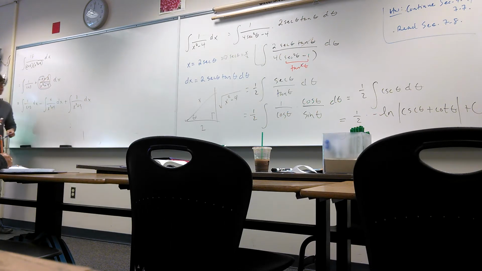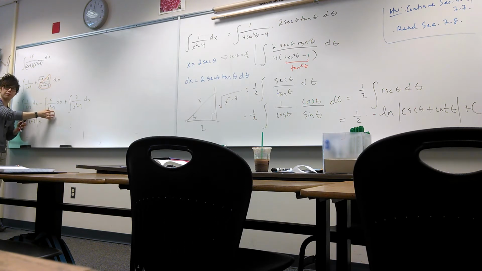Is that okay? Now, the first 2 I think are okay. At least the first one, that's going to be the natural log of the absolute value of x plus 3 minus, how would you evaluate this one?